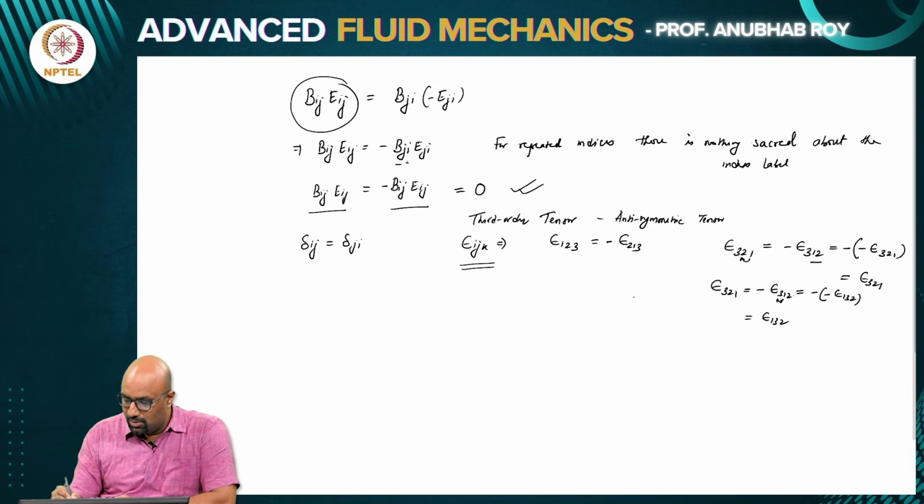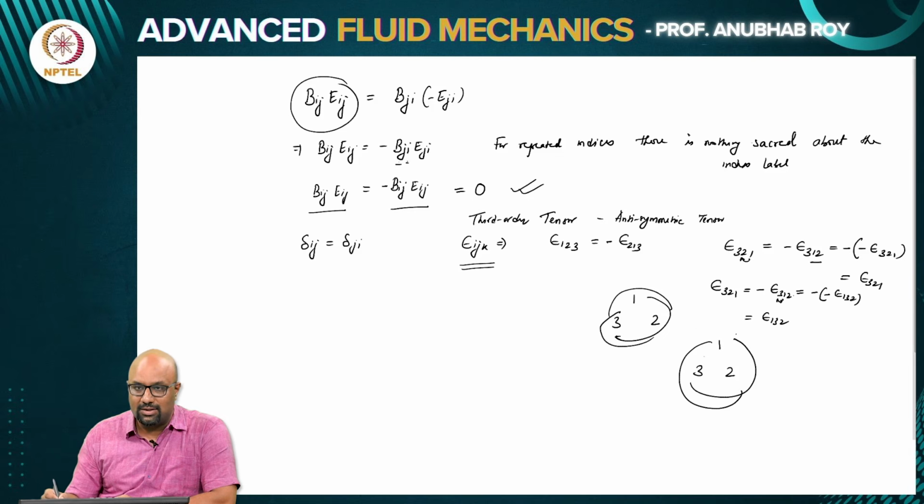And if you write 1, 2, 3 in that cyclic order, we know 1, 2, 3 is the same as 2, 3, 1, which is the same as 3, 1, 2. Similarly, 3, 2, 1 will be minus and 1, 3, 2 will also be minus. So, they are basically both going in the same anticyclic manner.